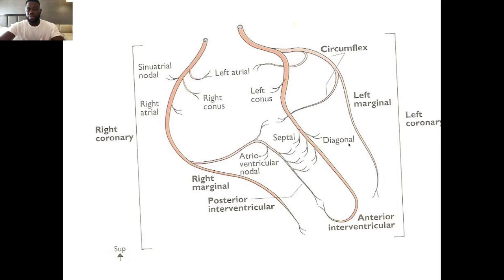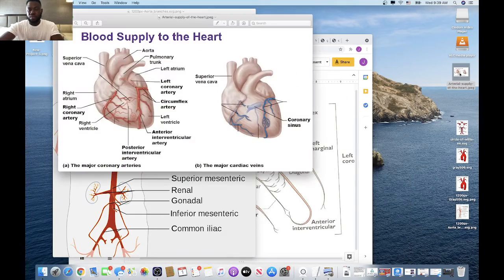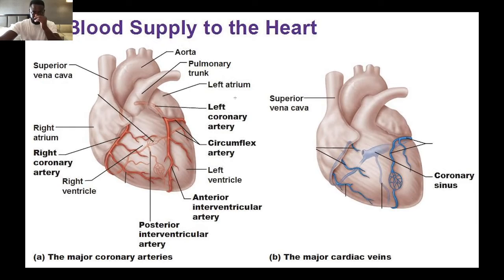So we are going to start with this one, then later we'll look at the aorta. This is the right coronary artery, and this is the left coronary artery. So I think this image will be the best for us for this presentation, so let me use this image rather.